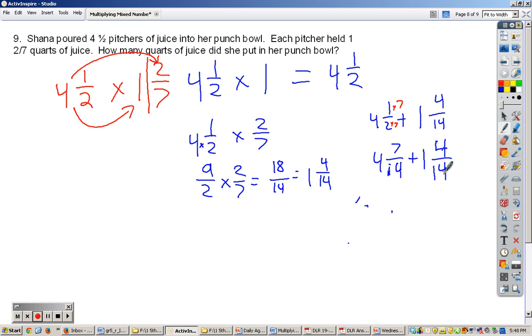So 5 and 11/14. That is my answer. Can't be reduced. Moving on.